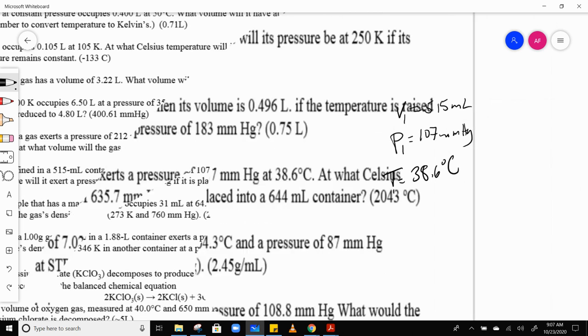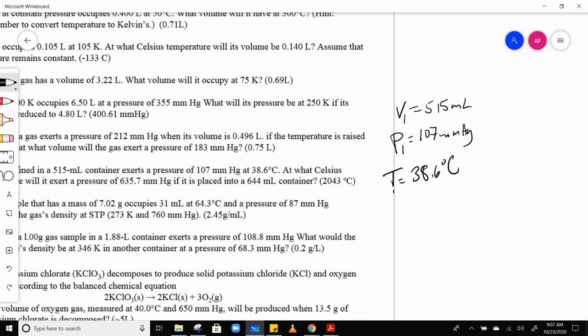Okay, and then the new volume is 644 milliliters. The new pressure is 635.7 millimeters mercury.